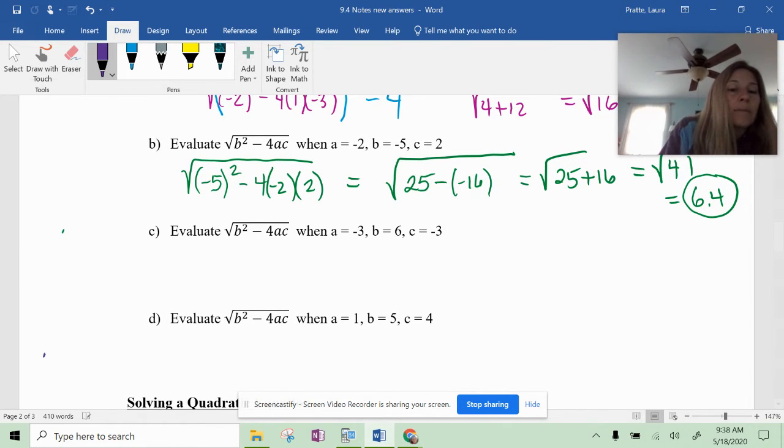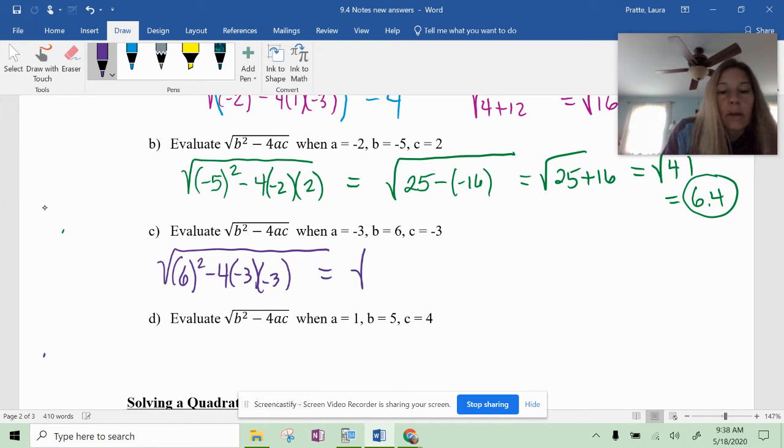So for C, I'm putting in my 6, so 6 squared minus 4 times -3 times -3. So 6 squared is 36, and then I have minus, and then 4 times -3 times -3. Well, 4 times -3 is -12, and then -12 times -3 would be +36, but we're subtracting.